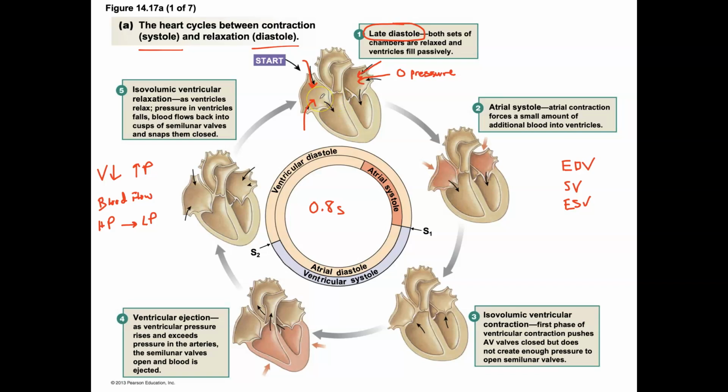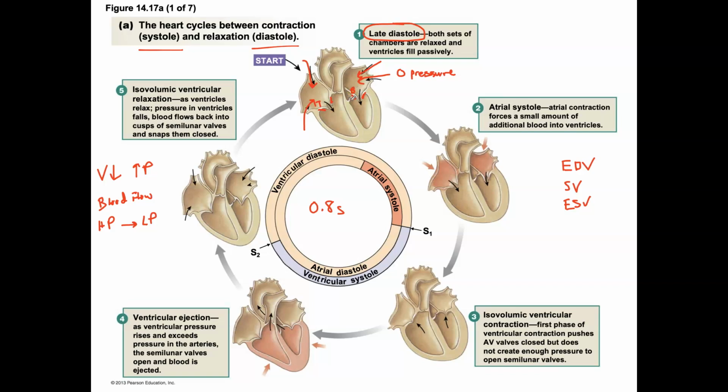And because the heart is at rest, what we notice is that the atrioventricular valves are open. Those are the valves that are between the atria and the ventricles. This would be known as the tricuspid. I'll put a T here for tricuspid valve, and this one is the bicuspid or mitral valve.